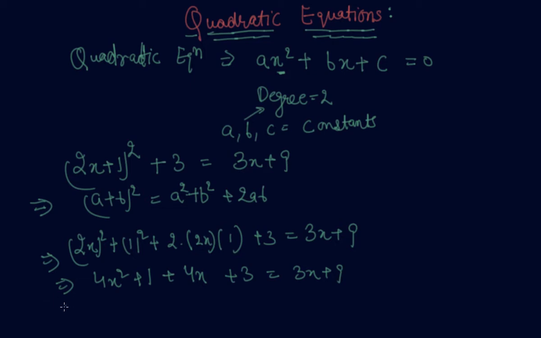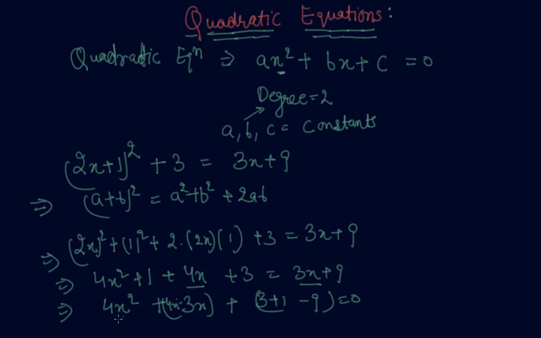So let's take all the terms on LHS. This comes out to be 4x square plus 4x minus 3x plus 3 plus 1 minus 9.